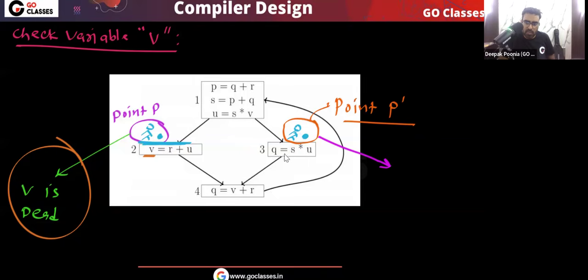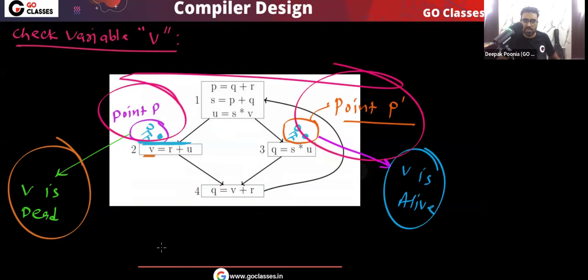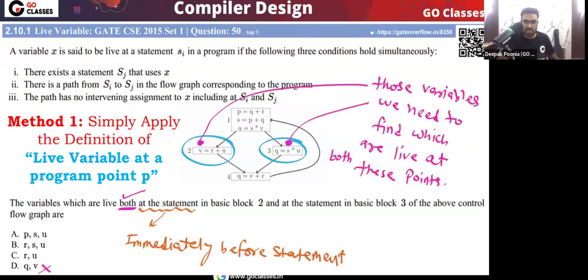When I start from this point, first I will execute this instruction, here there is no V. Then we will execute this instruction, and here V is used. So here actually V is alive. But at this point P, V is dead. And the question is asking which variables are alive at both these points. So option D is eliminated because it contains V.